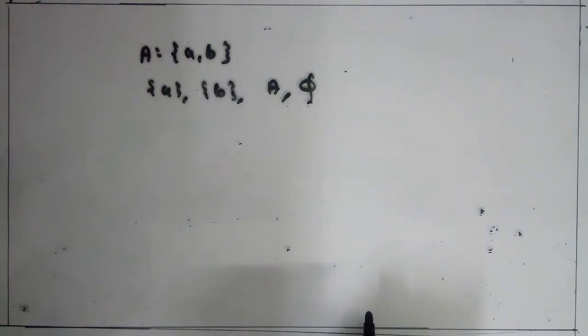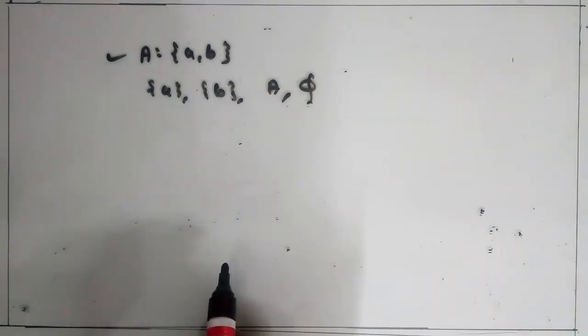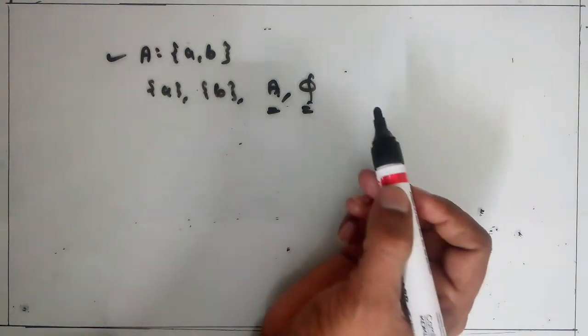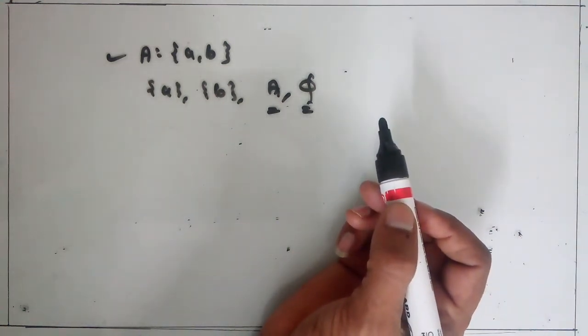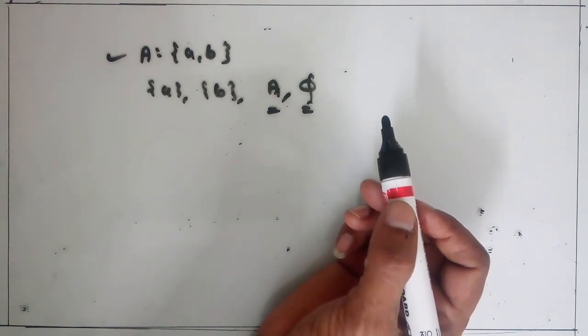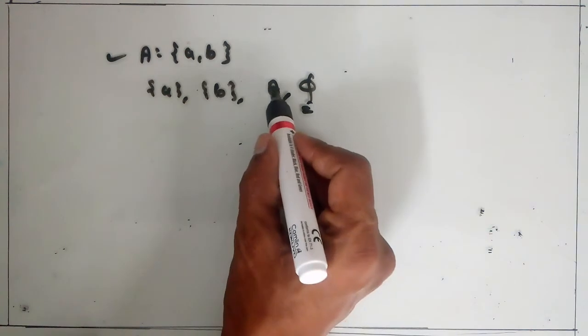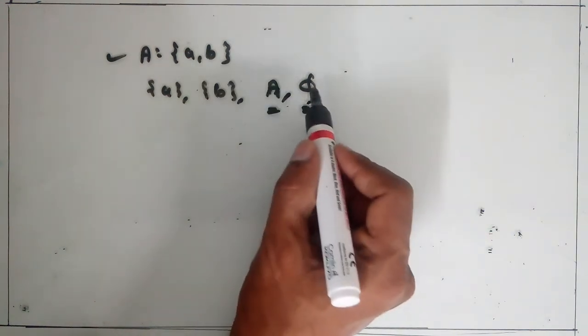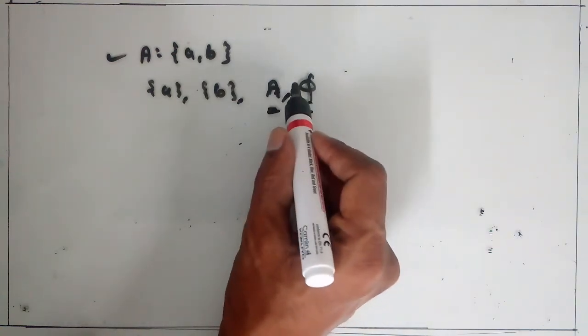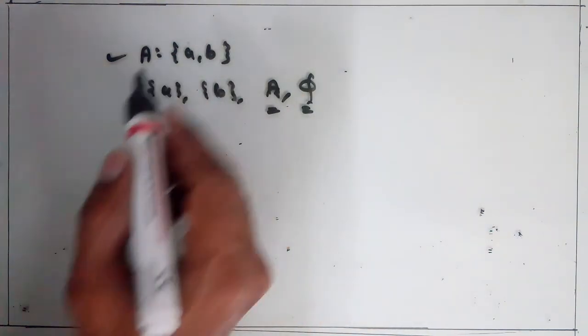In this given set, there are two types of subsets of A. A and a null set are subsets of A directly. So these two subsets are said to be improper subsets.